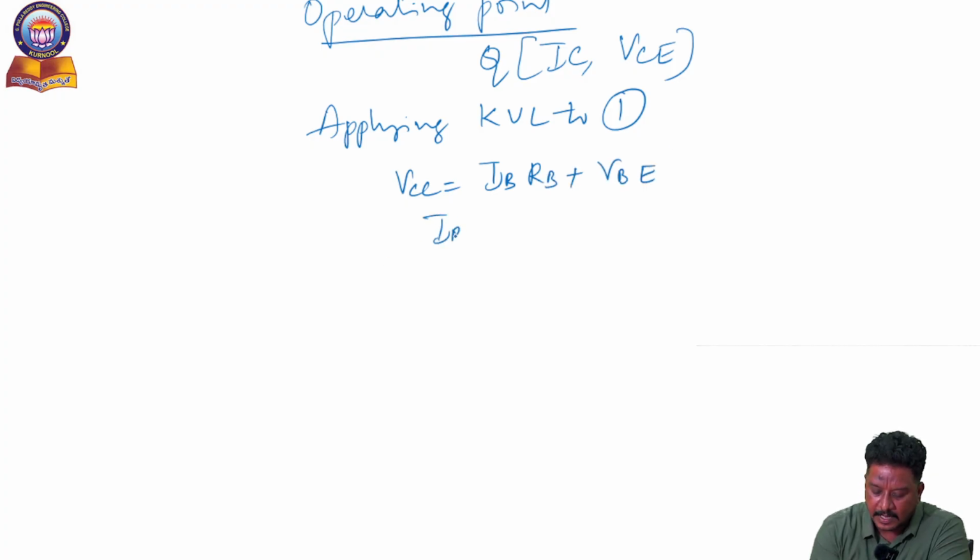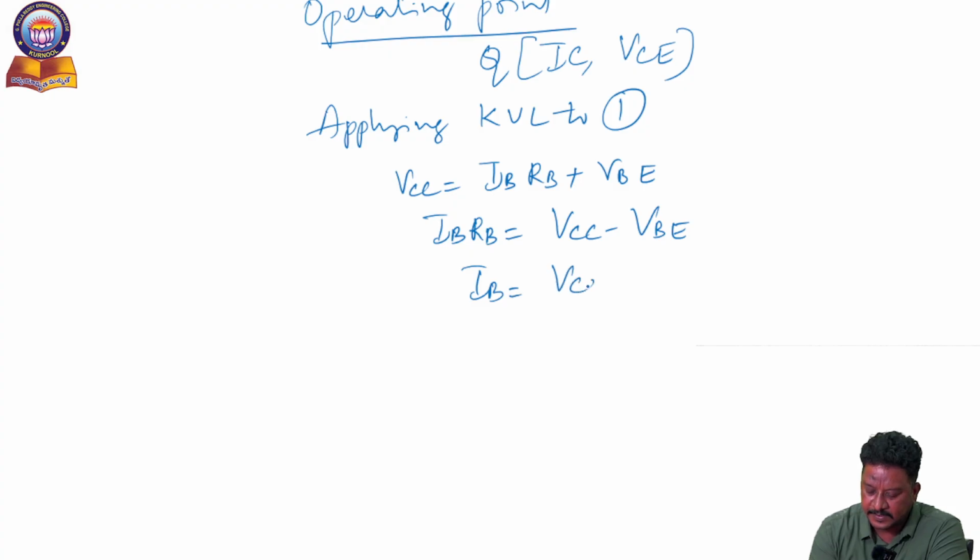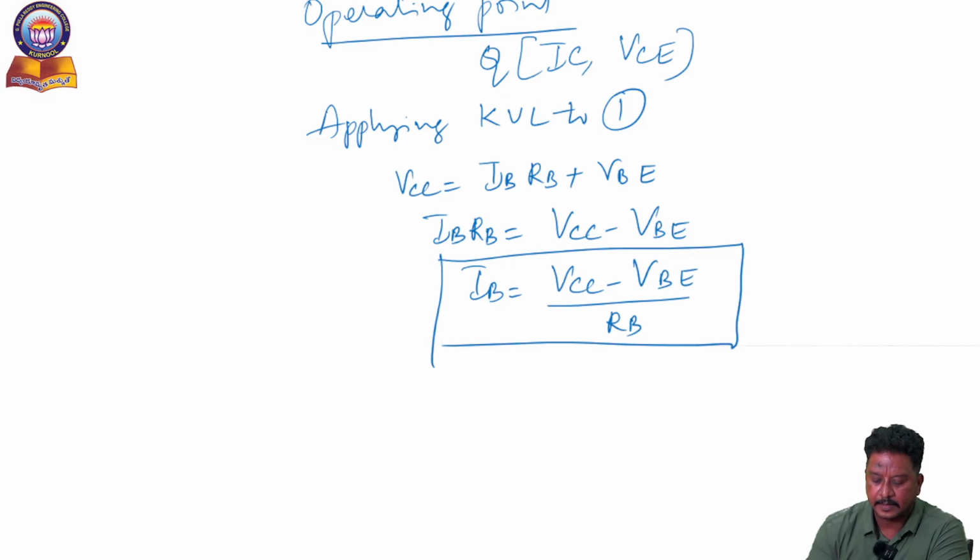So IBRB is equal to VCC minus VB, so IB is equal to VCC minus VBE by RB. This is the final input current I am getting for the common emitter configuration.